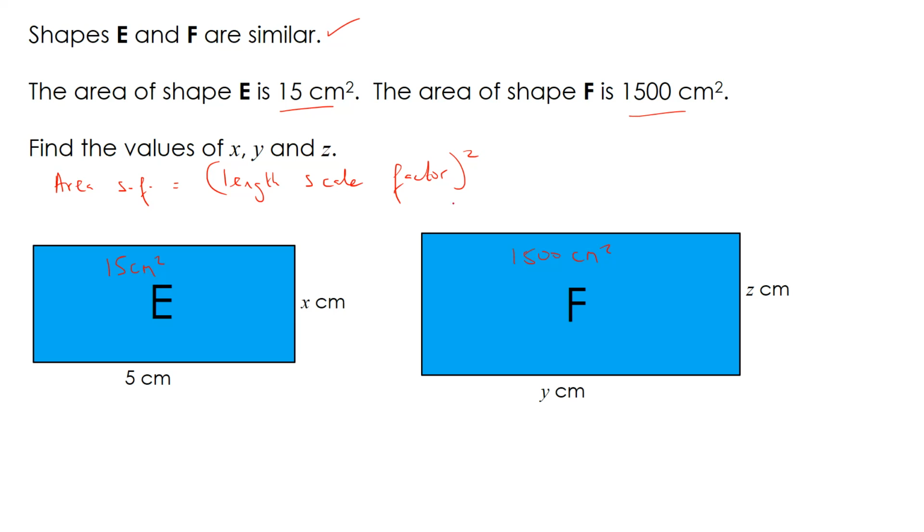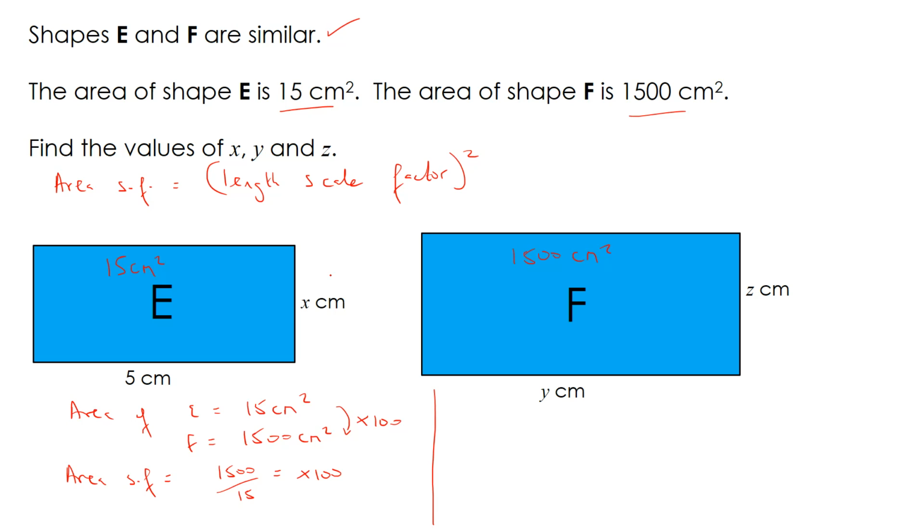So if you look at these 2 areas now, I've got the area of E is 15 cm squared, and the area of F is 1,500 cm squared. And I can work out the area scale factor here. If you can't do it in your head, just divide the two. But I think it's obvious that the area scale factor here is actually 100. You see, this is actually 100 times bigger.